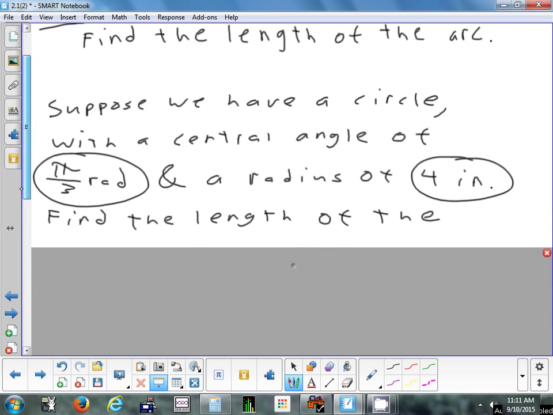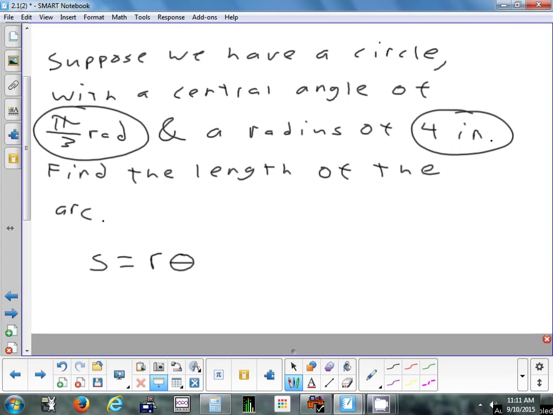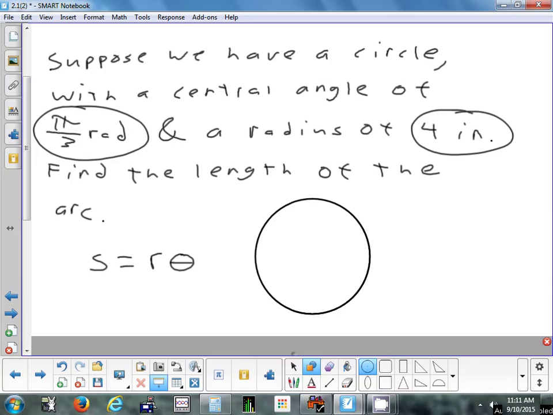All right, so if you're more visual, basically what we have is an angle. Pi over 3, that's 60 degrees if you were to convert it. So that might look about like this. You've got a radius of 4 inches. Our goal is to figure out the length of this arc. Right there.